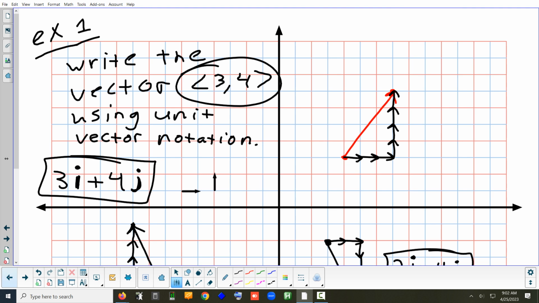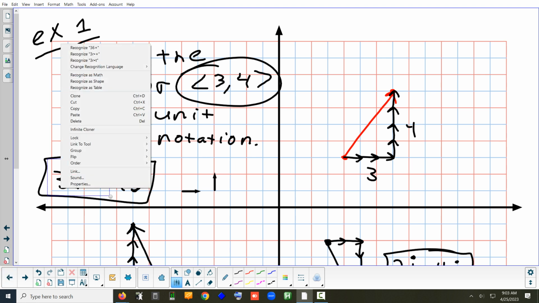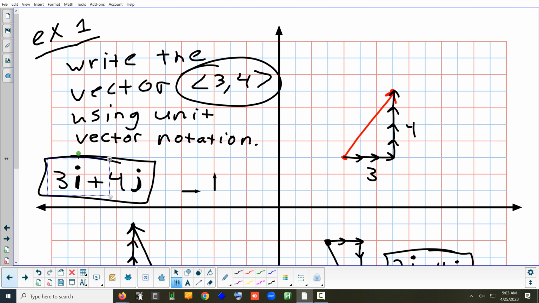Well, let's look at this red one right here. The way I drew it, it pretty much spells out how to find it. How do you think you would find the length of that vector in red? Yeah. You take the horizontal component, which we call x, and you square it. You take the vertical component, which we call y, and you square it.